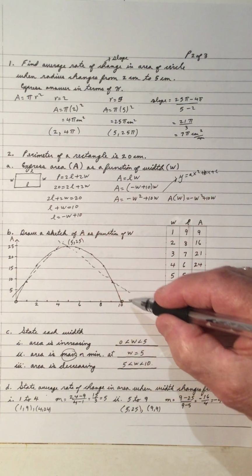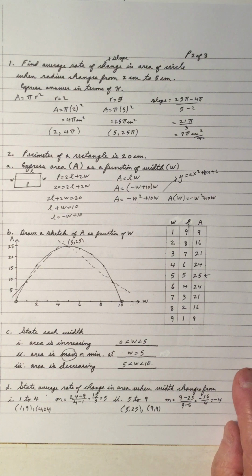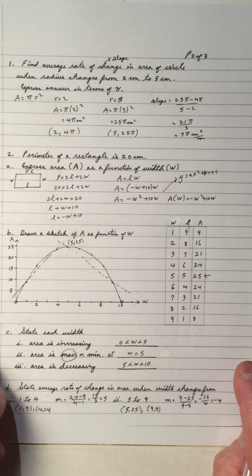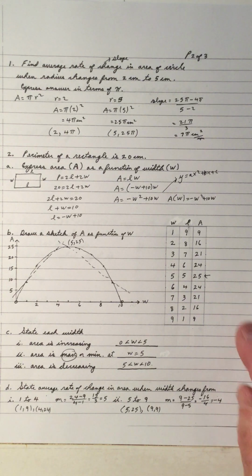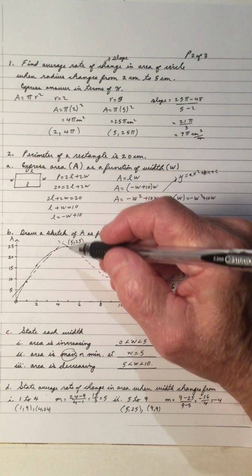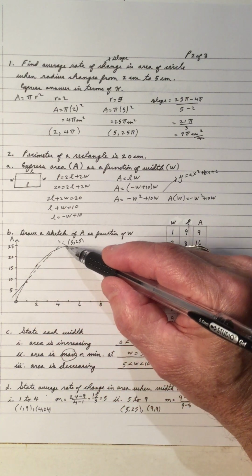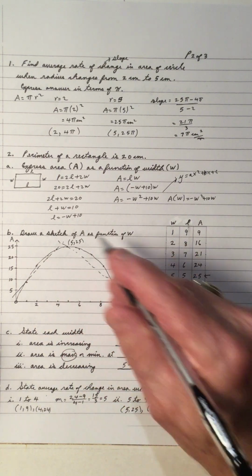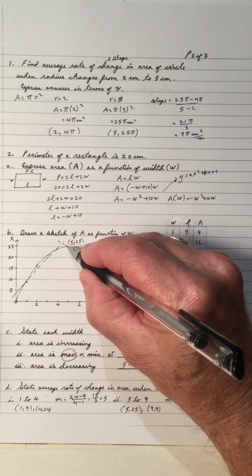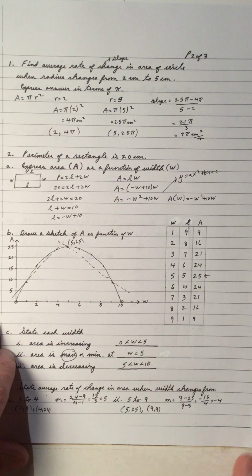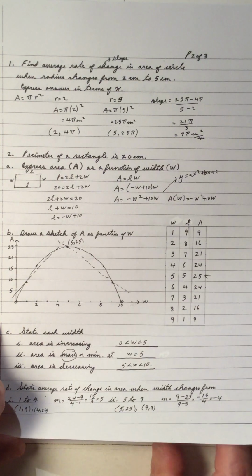So the slope of this line is negative 4. Hopefully you can see how we're working this out. Again, it's increasing from 0 to 5, decreasing from 5 to 10. And right here, it's not increasing or decreasing. It's what we say is its maximum point or minimum point.